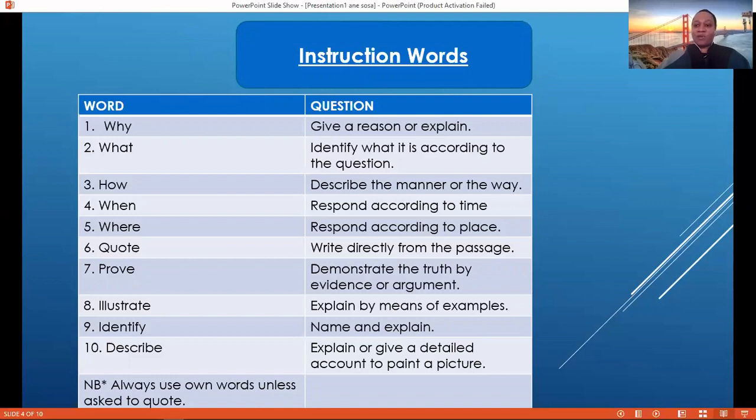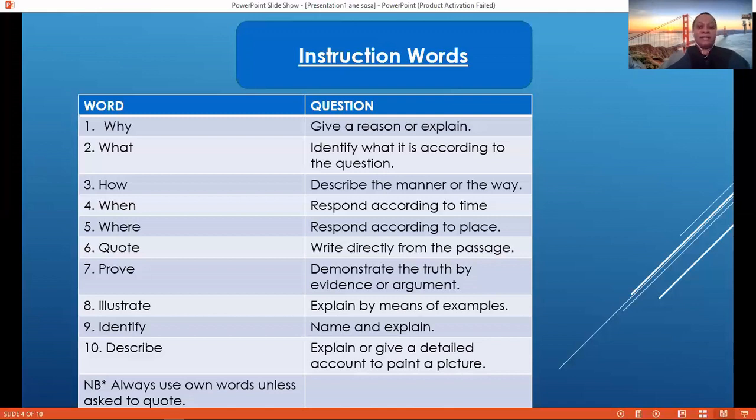The general one which we have worked on previously, even from our early primary age. Why? Give a reason or explain. When you see why as an instruction word, then the question will be asking you to give a reason or to explain.